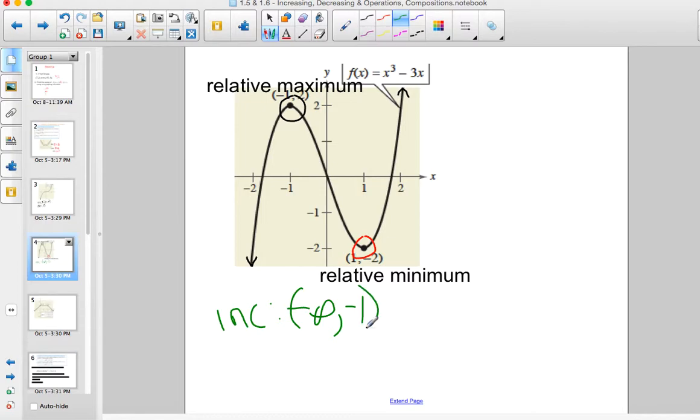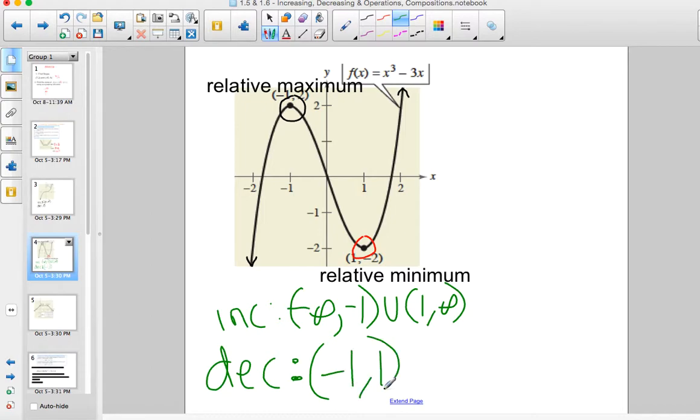And then in union with, because it's increasing again from 1 to infinity. So that's everywhere where the graph is going up from left to right. So decreasing would be where it's going down, and it's basically the other spots, so that's from -1 to 1. Again, the y coordinates are not important when you're labeling increasing and decreasing. It's just the x coordinates, and that is it. So that takes care of that one. There's no constant intervals, so you don't have to worry about it.